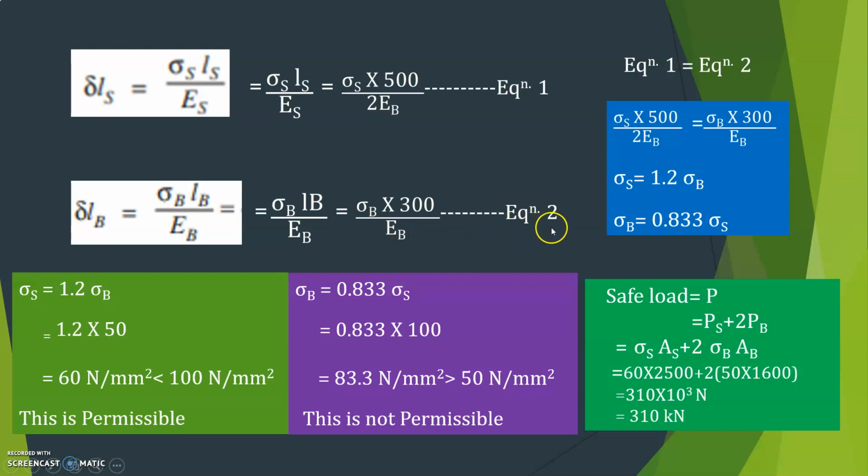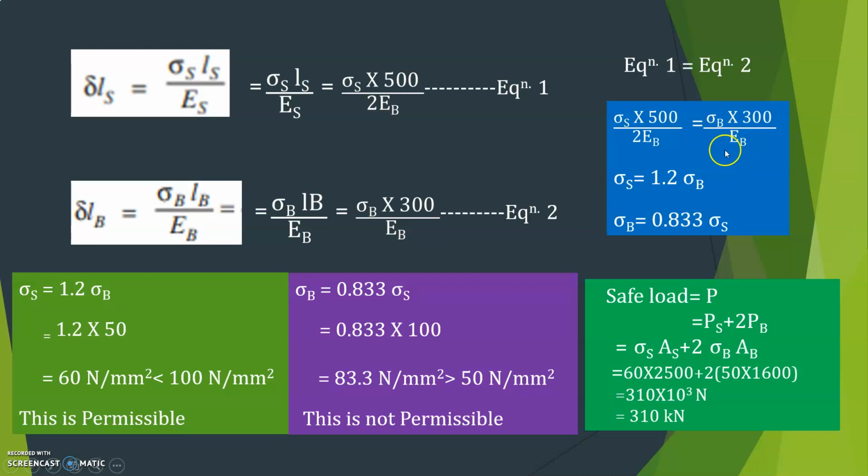This is equation 2. So what the rule says, the deformations are equal, so I equate equation 1 to equation 2. Equation 1 is sigma S into 500 divided by 2 EB, that is equal to equation 2, that is sigma B into 300 divided by EB.